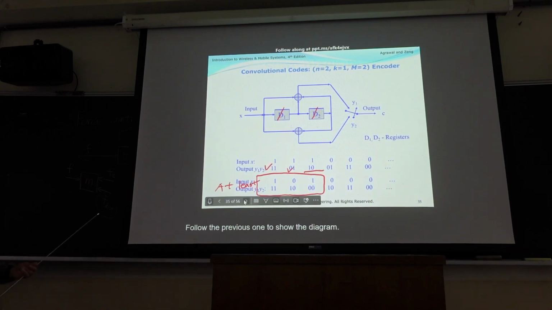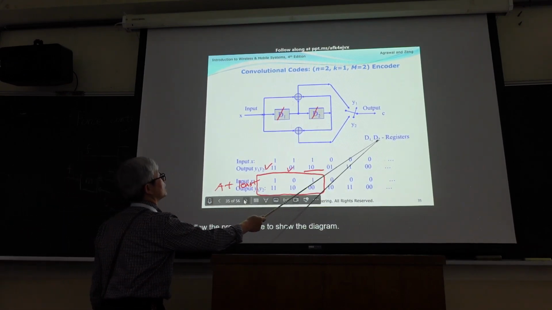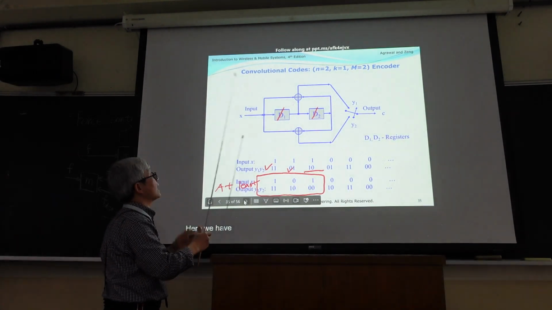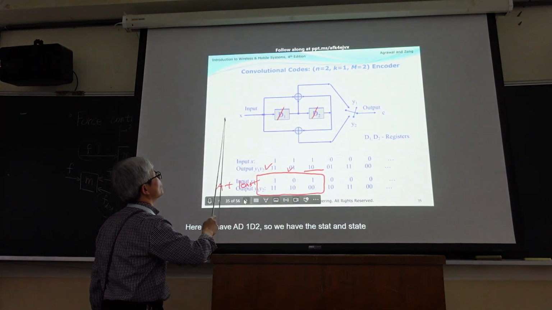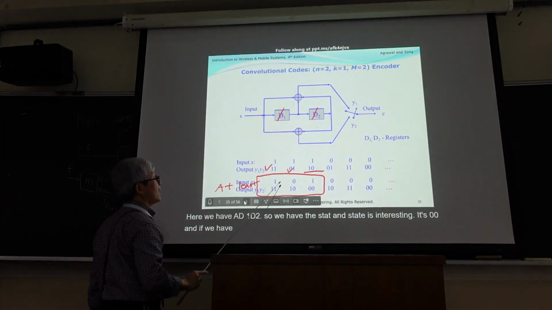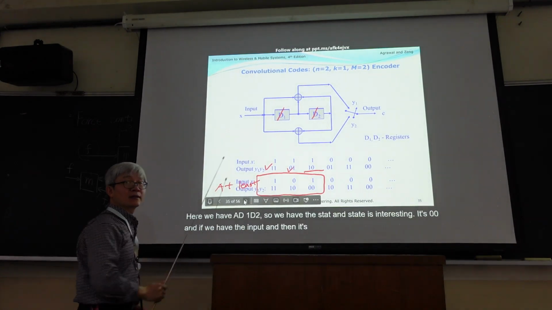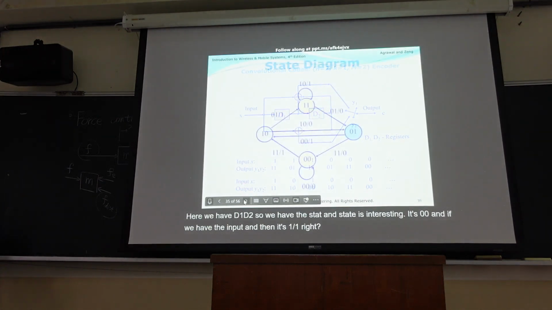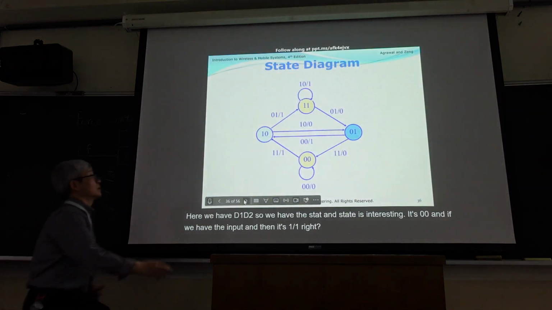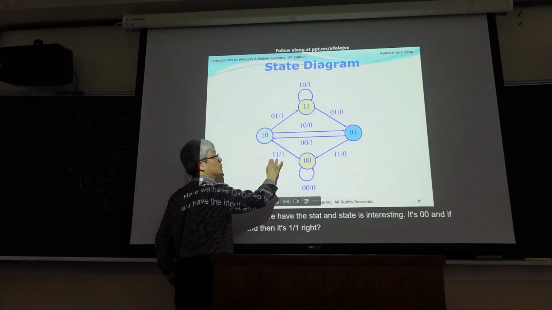Here we have D1, D2, so we have the state. And state is initially 0, 0. And if we have the input 1, then it's 1, 1, right? Then we have the output is 1, 1.